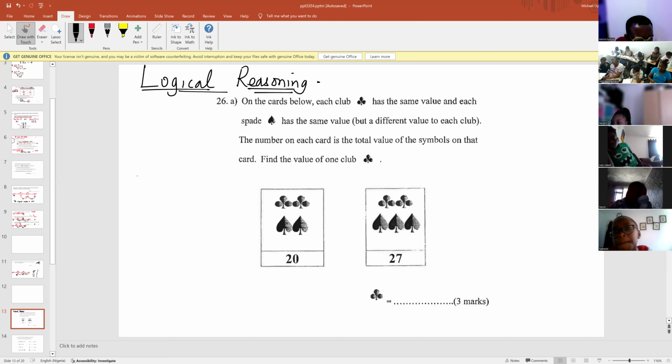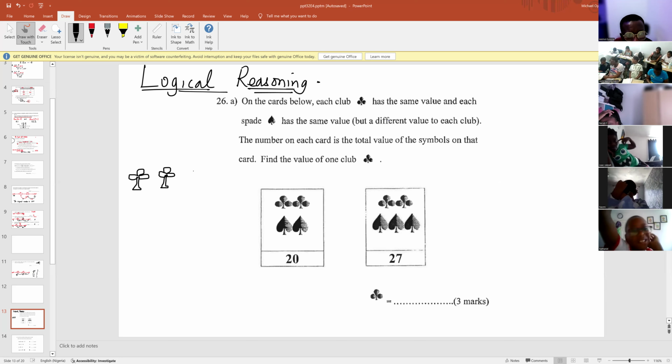Let me try to draw the club. So this is one club. This is another club. Then 2 spades.